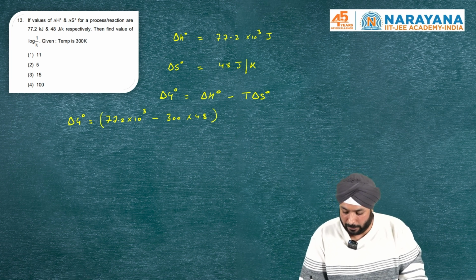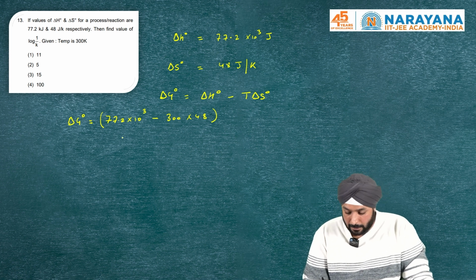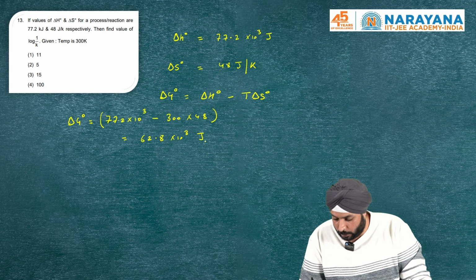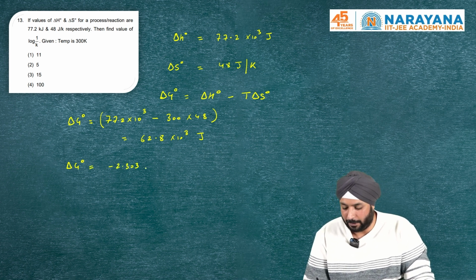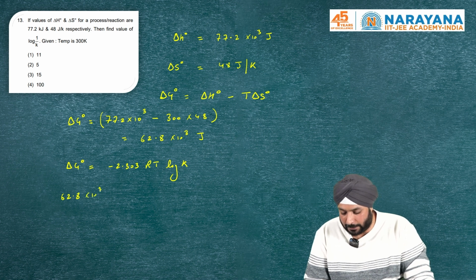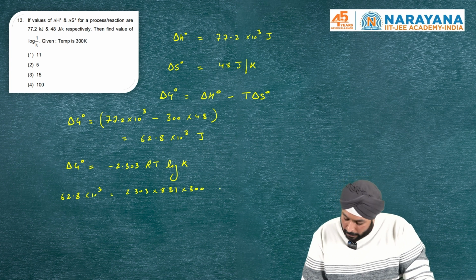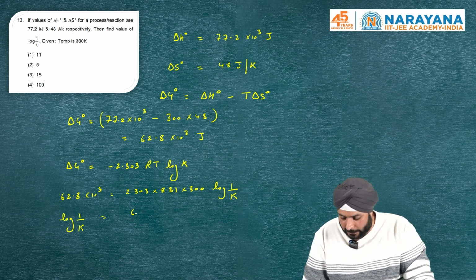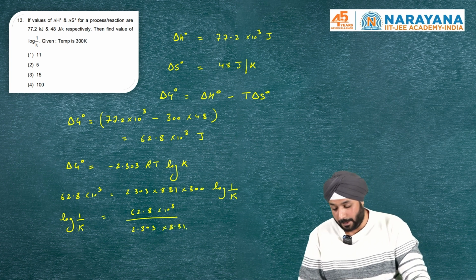So after getting this delta G naught, which is 62.8 into 10 to the power 3 joules, just put delta G naught equal to minus 2.303 RT log K. So 62.8 into 10 to the power 3 is equal to 2.303, R is 8.31, temperature is 300 Kelvin, and minus log K is log 1 by K. So log of 1 by K is equal to 62.8 into 10 to the power 3 divided by 2.303 into 8.31 into 300.